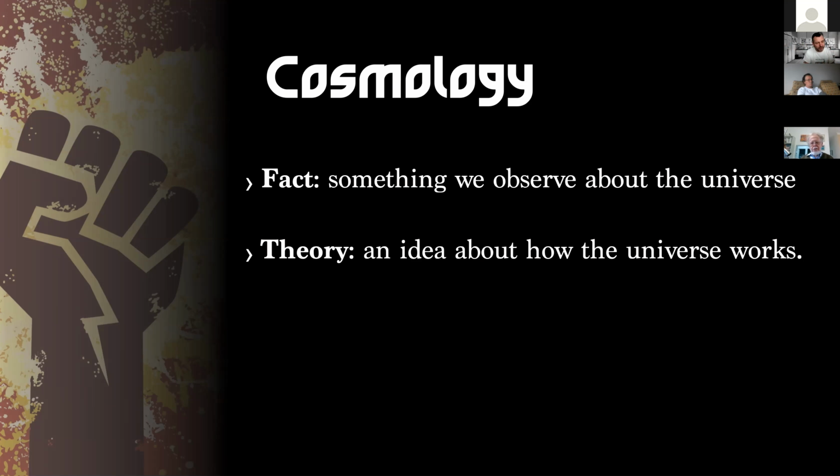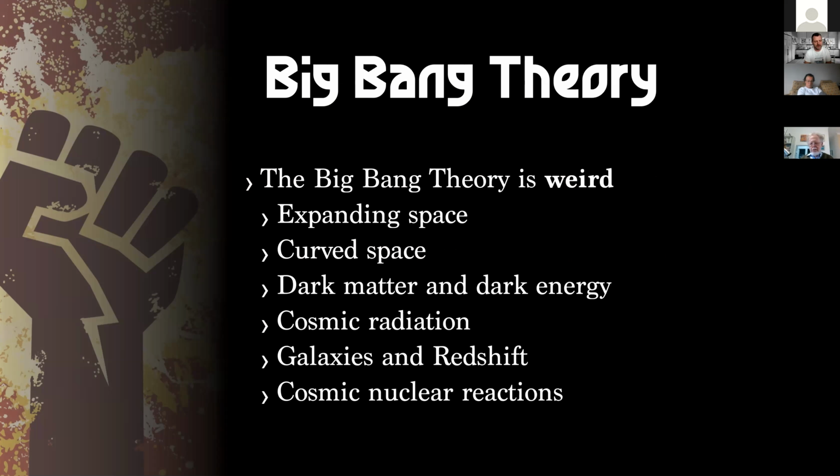Now we get to the point of why people are unhappy with our cosmological model. And of course, our cosmological model is this thing called the Big Bang theory. And anyone who knows the history of cosmology will know that this name was given to this idea by Fred Hoyle in the 1950s. And he named it as a disparaging term.